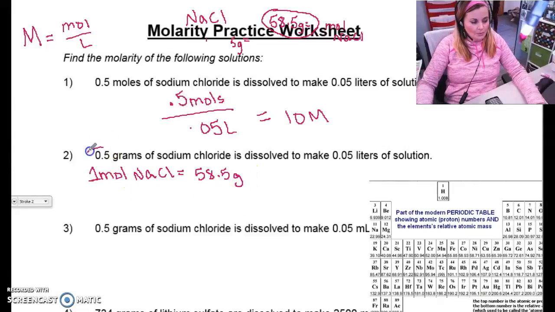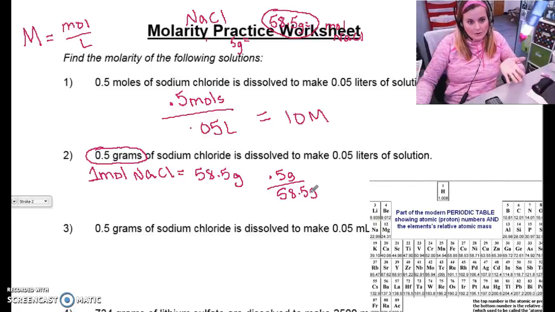So we're given 0.5 grams, and we need to determine how many moles that actually is. If you only have 0.5 grams out of 58.5, it's obviously not nearly a mole. So let's take that 0.5 and divide it by 58.5 to figure out how many moles we actually have.